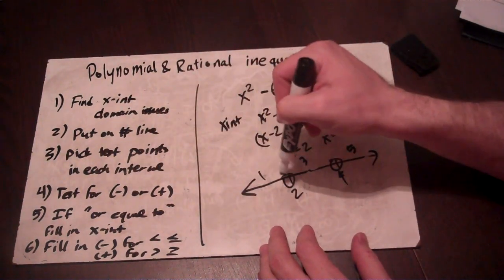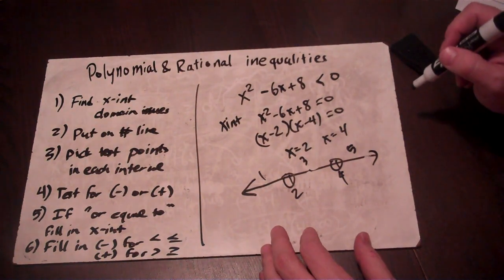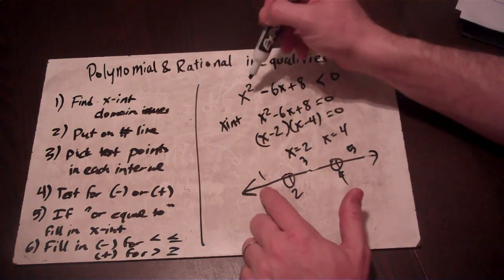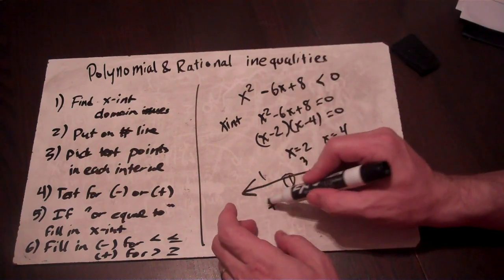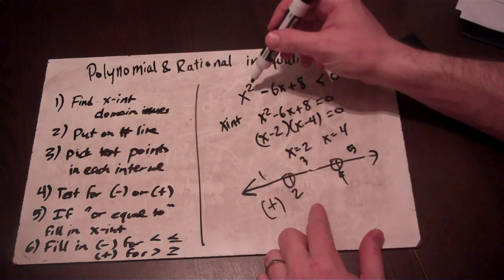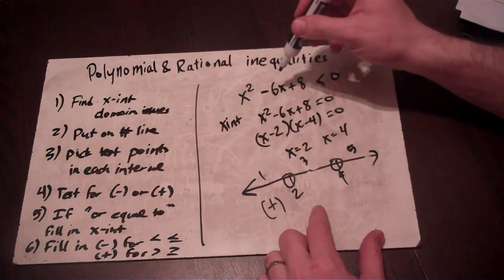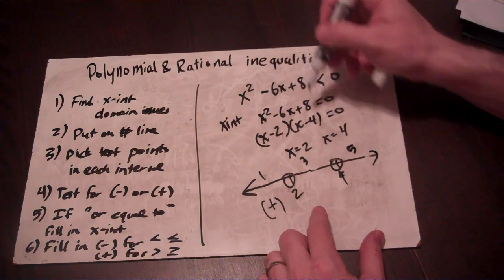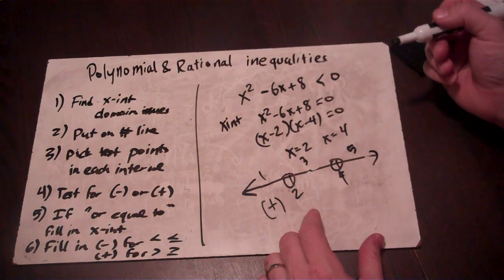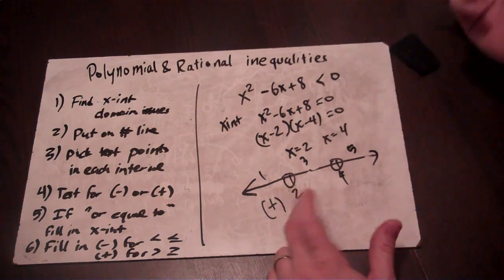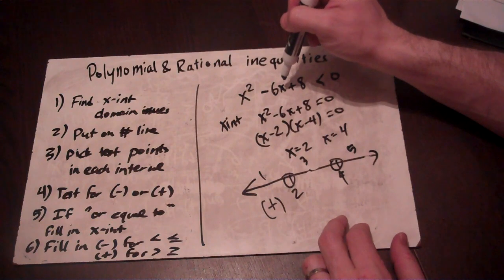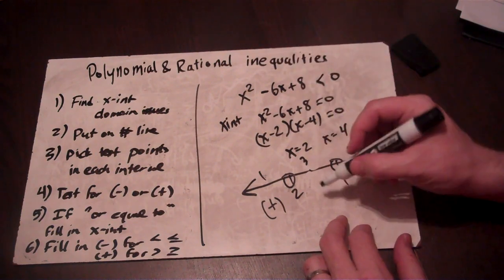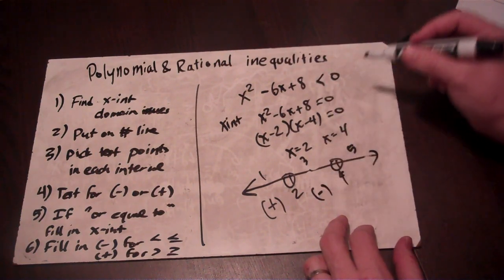I don't fill in these because it's not or equal to. And then I just check. 1 minus 6 plus 8 is positive. 4 minus 12 is negative 8 plus 8 is equal to 0. So, shoot. I wasn't supposed to plug in 2. I was supposed to plug in 3. 9 minus 18 is negative 9 plus 8 is negative 1, so that's negative.